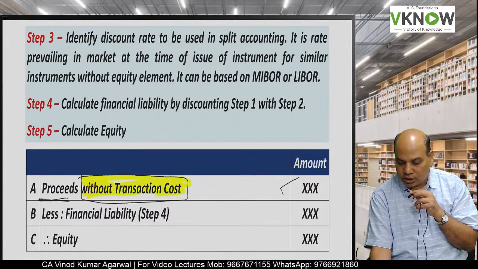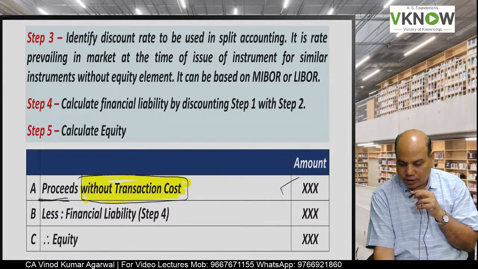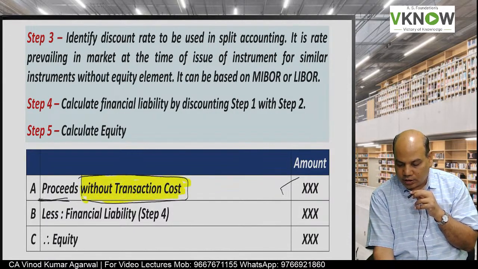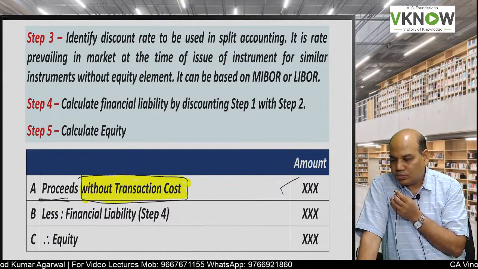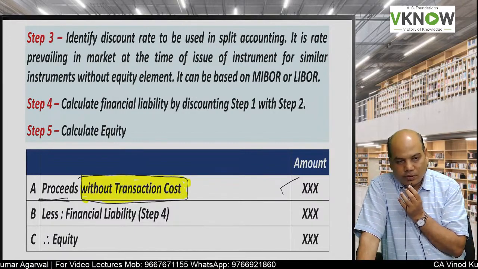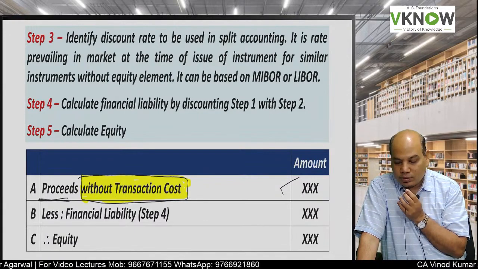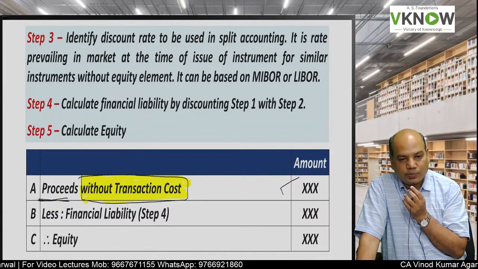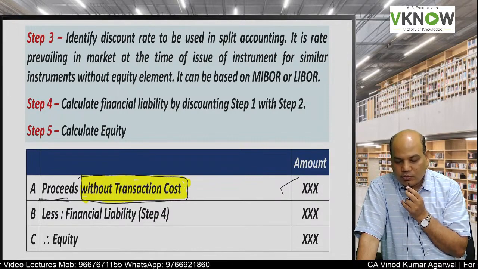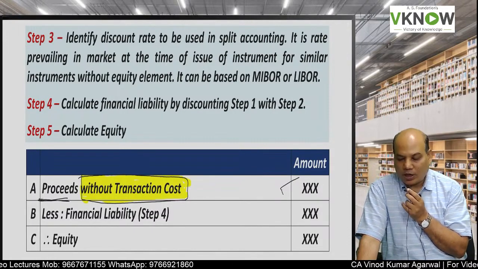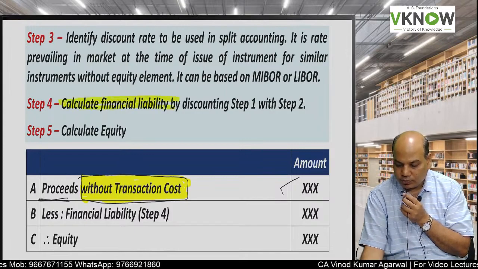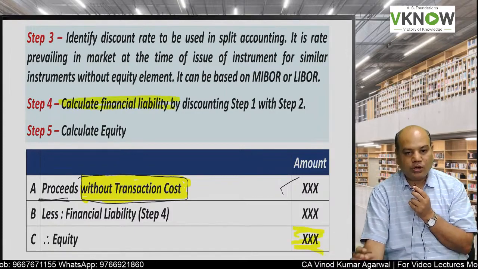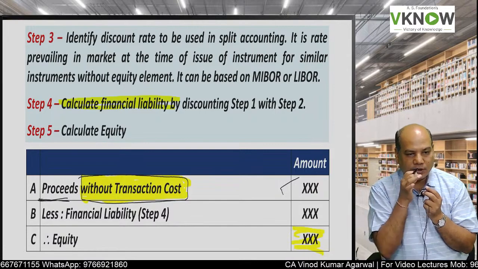I will not deduct transaction cost here, because if I deduct here, the entire transaction cost gets allocated only to the equity part, only one instrument, but transaction cost needs to be apportioned. So I will take only proceeds without transaction cost minus the financial liability we have computed in step 4, and that is equity.